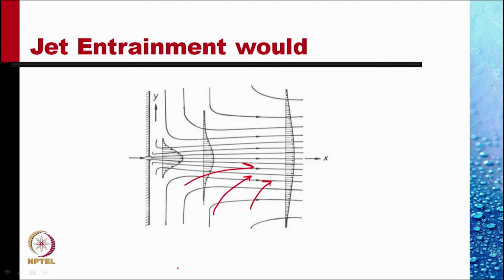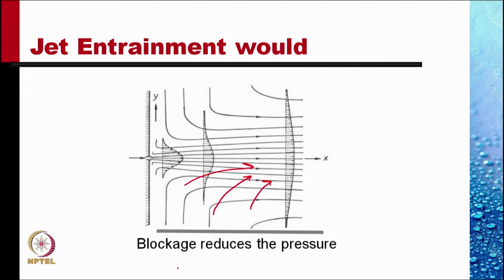As the surrounding air starts moving, if we block the surrounding air, then the pressure there would reduce. If there is no blockage, the pressure throughout this region is atmospheric. There is no suction. The air is not moving upwards because of the reduction of pressure, but because of viscous action.